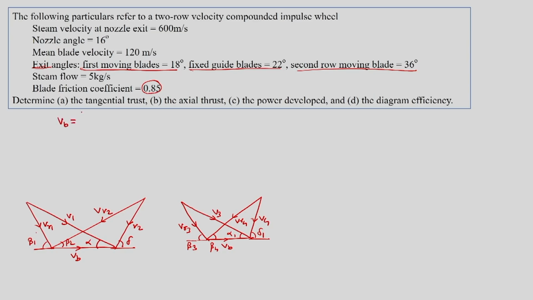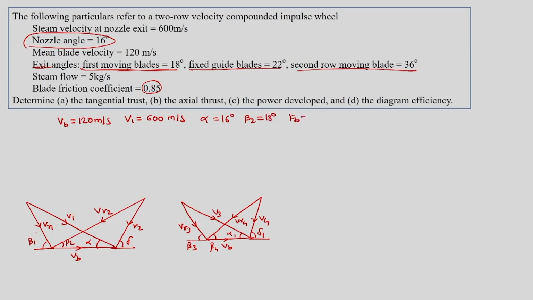Since VB is given as 120 meters per second, V1 is given as 600 meter per second, alpha, which is the nozzle angle, is given as 16 degrees. Beta 2, which is the exit angle for the first row of moving blades, is given as 18 degrees.